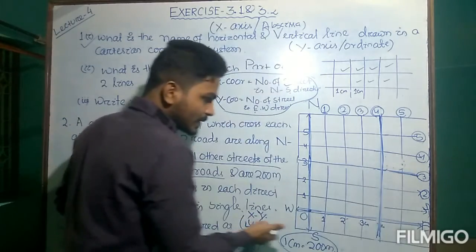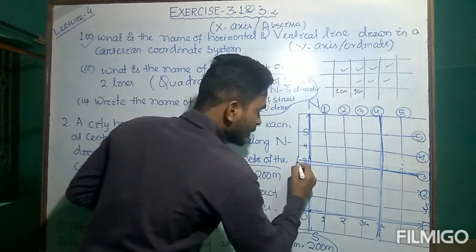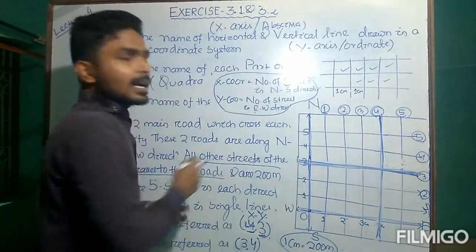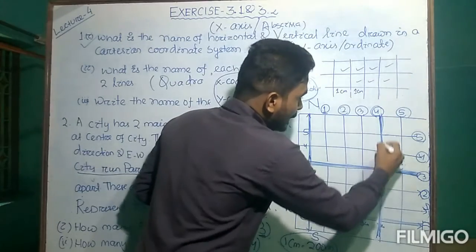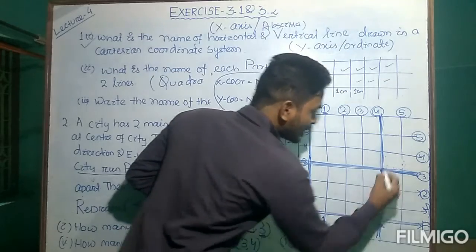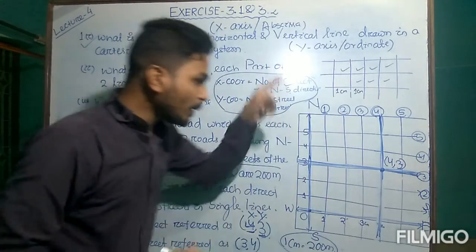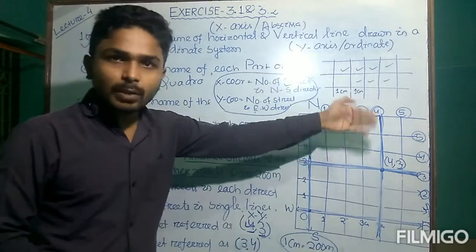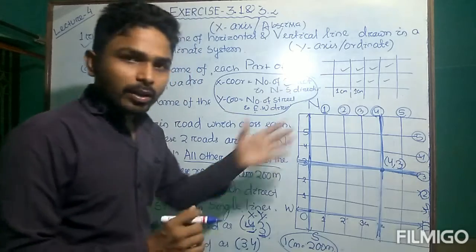This is the east-west direction. 1, 2 and 3. See, this is your third street in the east-west direction. And you can see these two streets meet at a point, and that meeting point's coordinate is 4, 3. Understood? You have to find that point where both the fourth street of the north-south direction and the third street from the east-west direction meet.